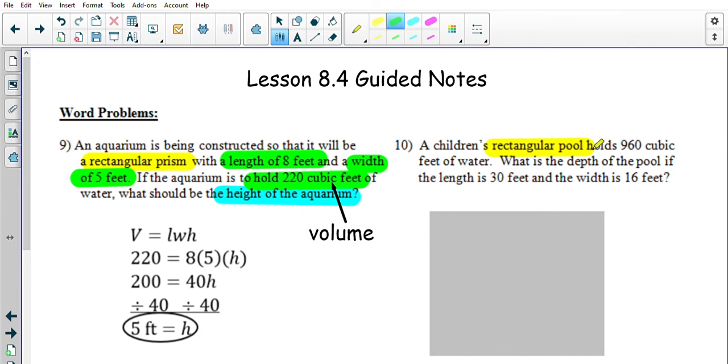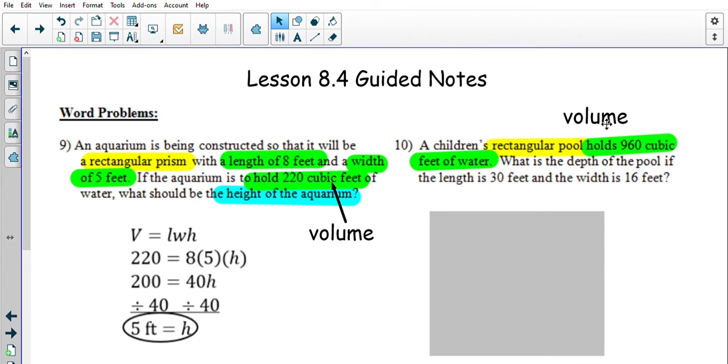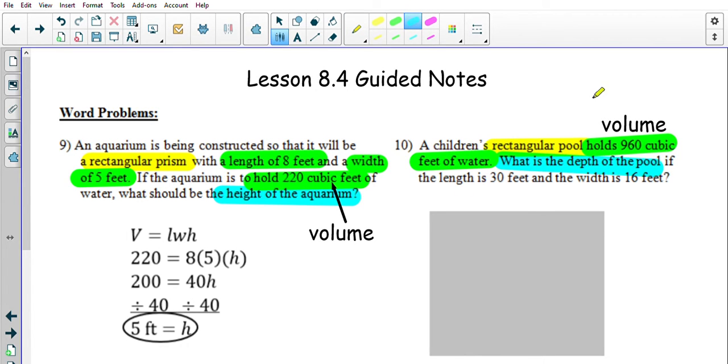We know that it holds 960 cubic feet of water. That tells us that 960 is our volume, so we'll label that right above it. It asks us to find the depth of the pool if the length is 30 feet and the width is 16 feet.